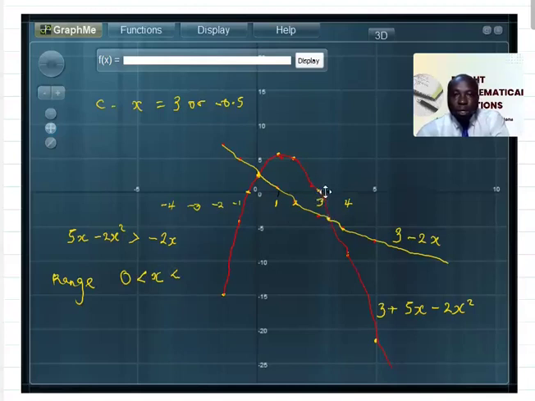So this is 3. It is either 3.3 or 3.4, but it is not exactly in the middle. So 3.3. We can put a caveat here, plus or minus 1. So this is the range for which this quadratic equation is greater than this linear equation. So that is the solution to question number 9.